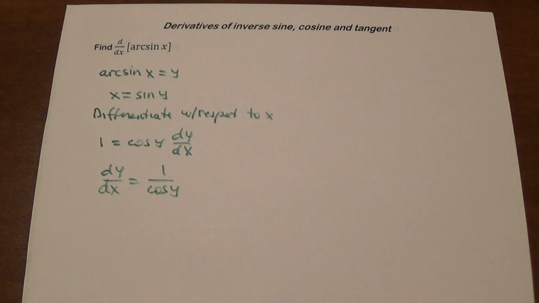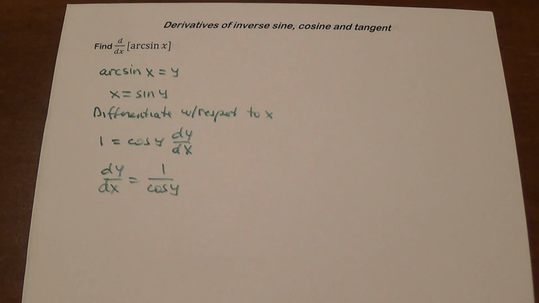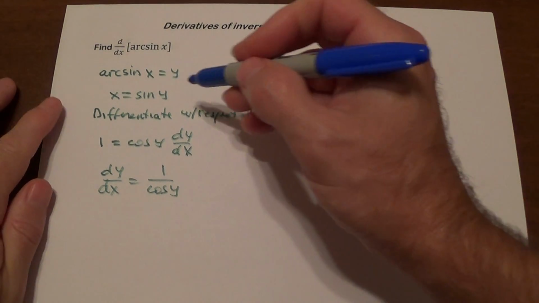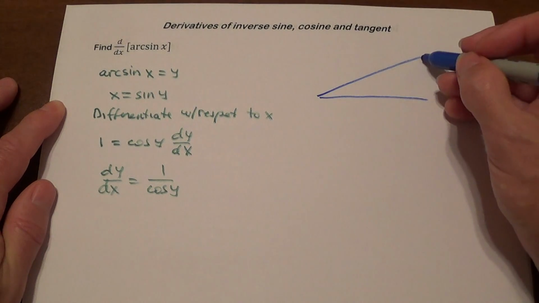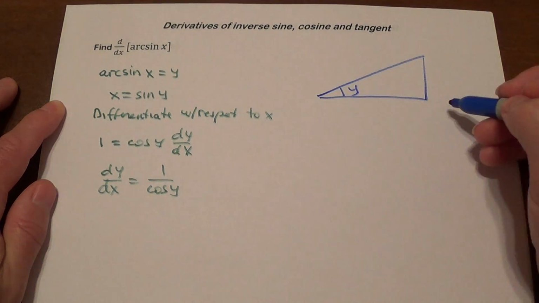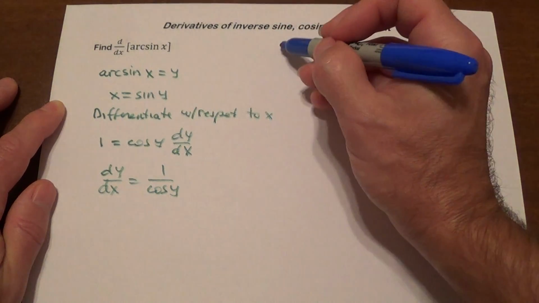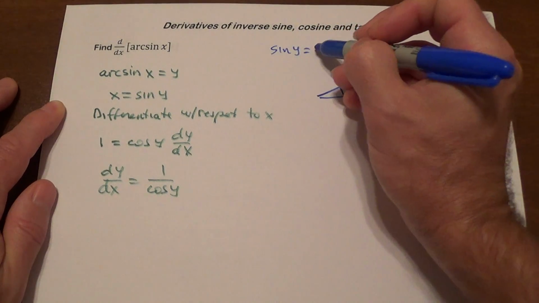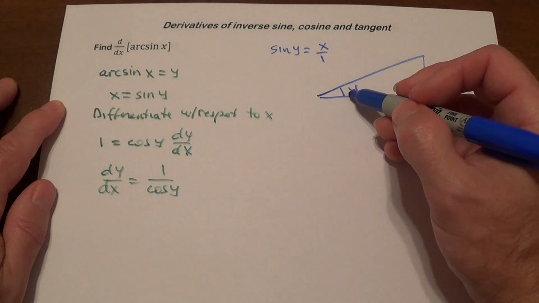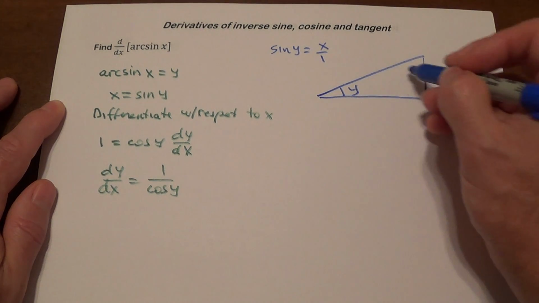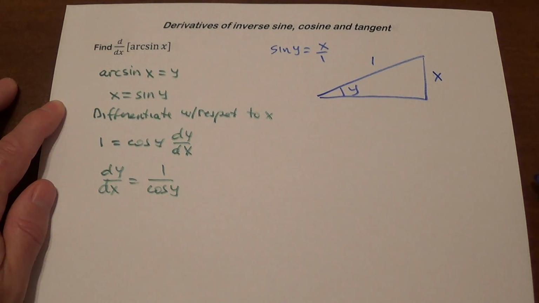I'm going to get something else figured out here. If we know sine y equals x, what we're going to do is draw a triangle. This angle is y. So sine y equals x over 1. We can write that as a fraction. So sine is opposite over hypotenuse, which means this side can be marked as x, and this is 1.